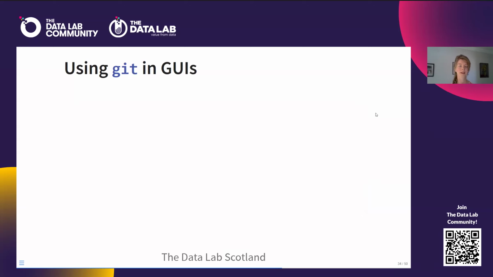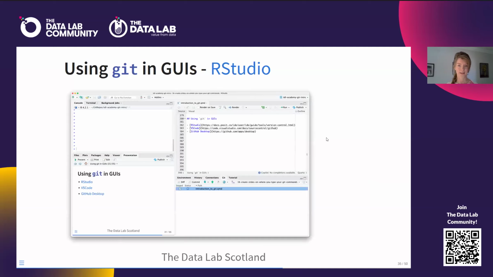You can also use Git in graphical user interfaces, or GUIs. So one I like to use a lot is RStudio. I do a lot of coding in R. And if you use RStudio projects, so you can see here the name of the project in RStudio up here, you also get to view this little Git tab in the window here.